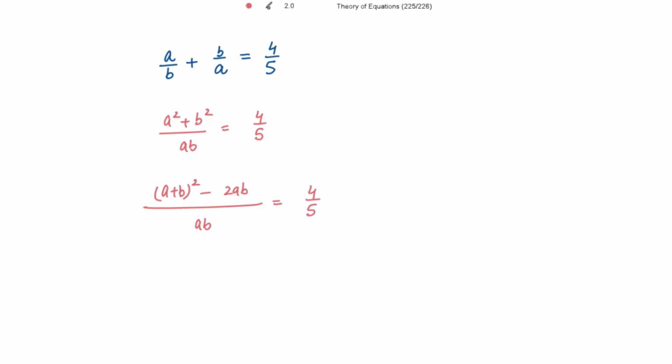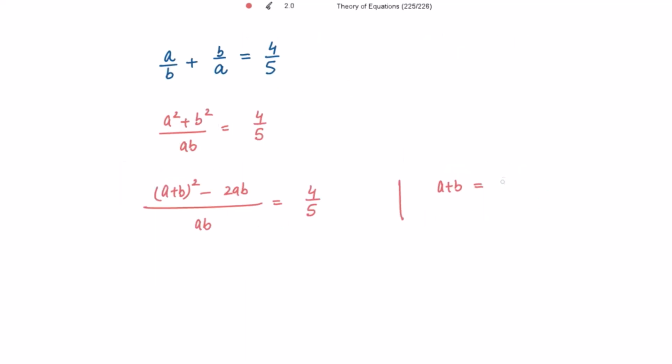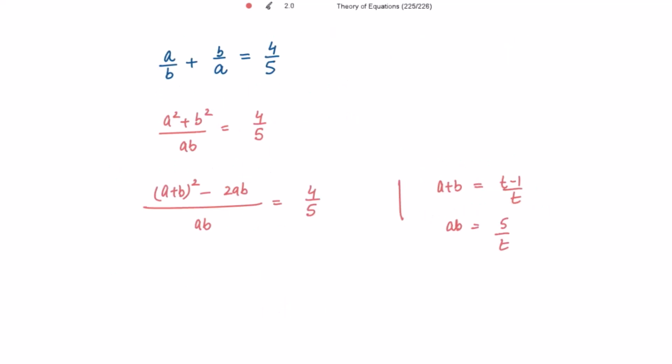And now we are getting a and b in terms of sum and the product, as we have obtained a + b to be (t − 1)/t, and the product ab is 5/t. This can be further written as (a + b)²/ab − 2 = 4/5.